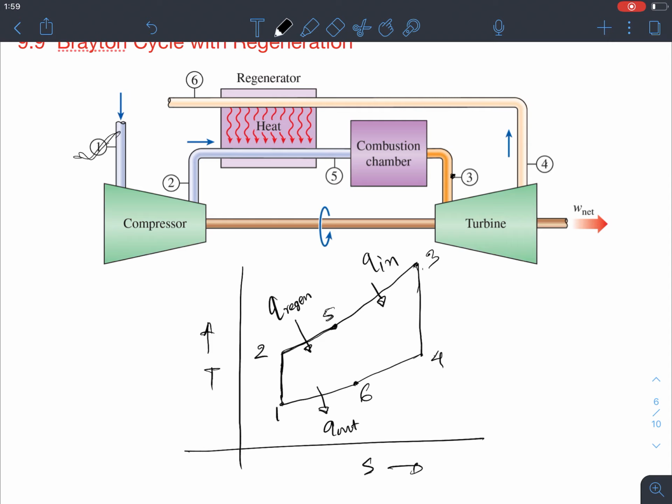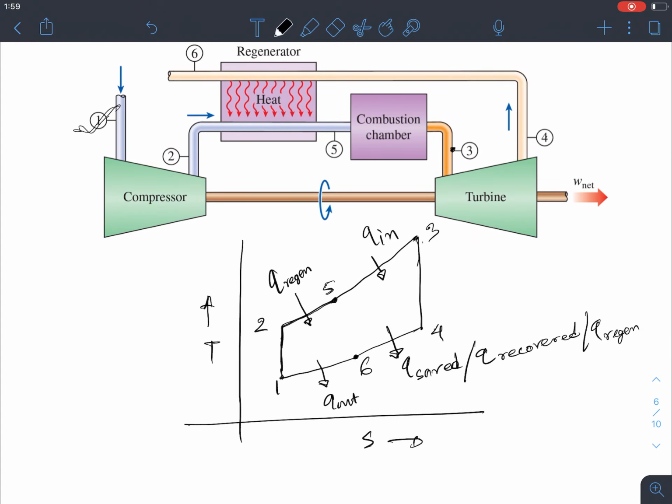And from 4 to 6, this much heat is saved, so that much heat is absorbed by the compressor outlet. So this would be Q saved or Q recovered, or you can write it whatever you think. It's Q regeneration, right?